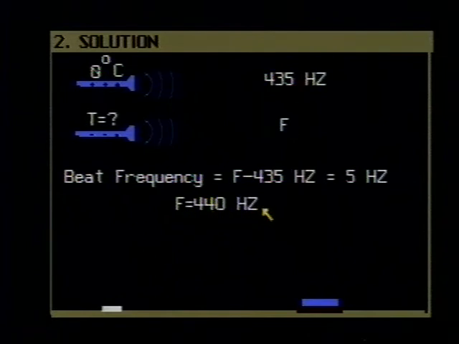The first thing I want to do is to find the velocity of sound in the flute at temperature T. I want to use, first of all, a basic relationship for waves, that the velocity of a wave is equal to its frequency multiplied by its wavelength.